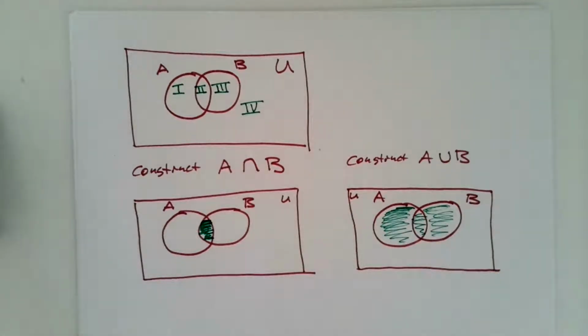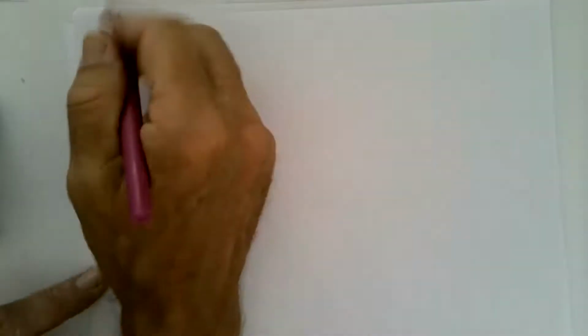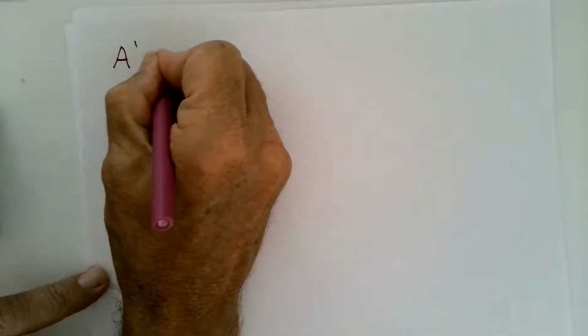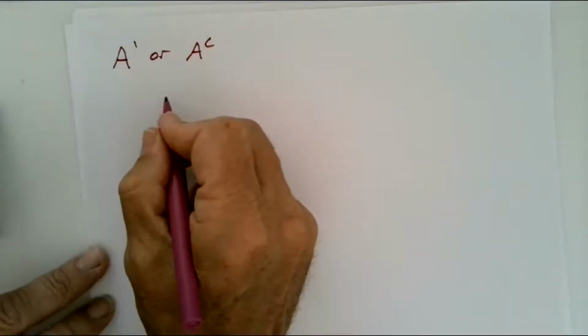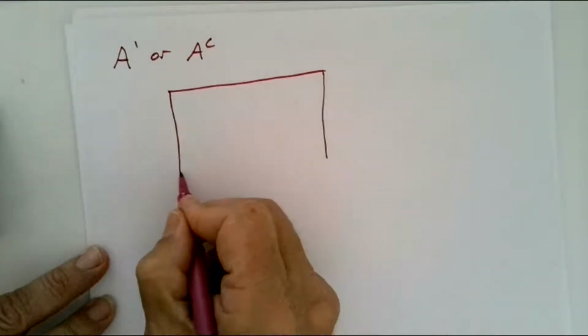But they can get a little bit more interesting than that. So let's say I want to construct a Venn diagram for a complement. So that's the stuff that is not in A. So if that's my goal, to get A complement, or if you prefer A with a little c, what are the regions that are not in A?